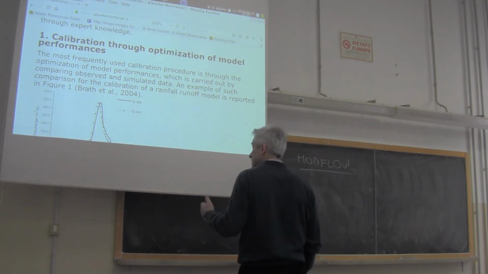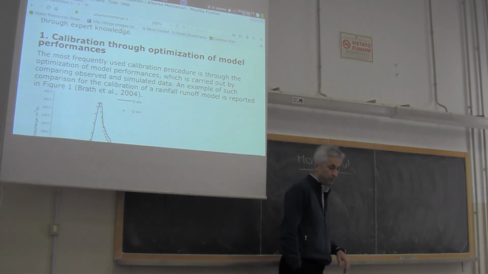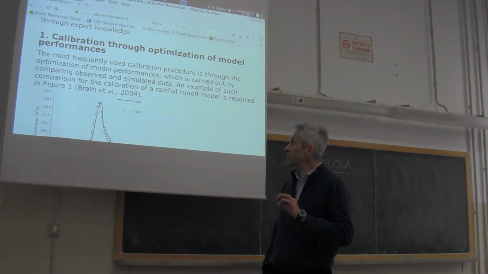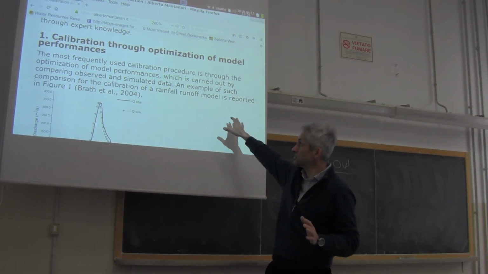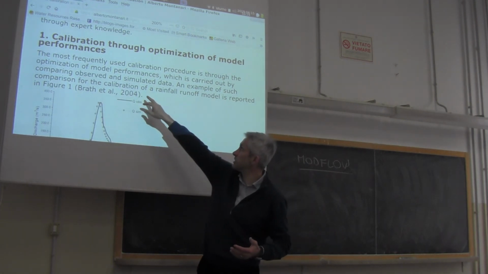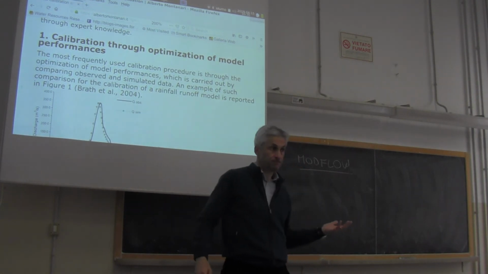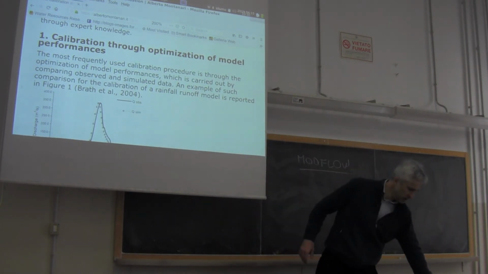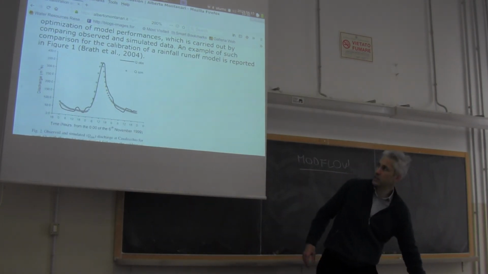Calibration is the most widely used term, and the most frequently used calibration procedure is by comparing observed and simulated data. This is what we did at the end of our exercise.